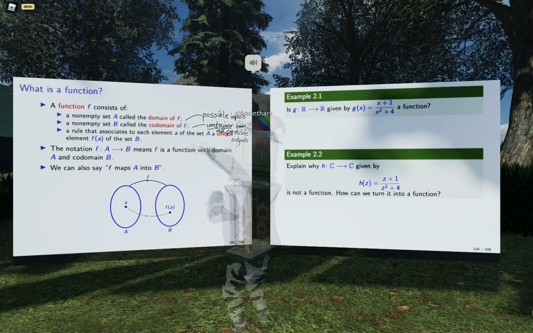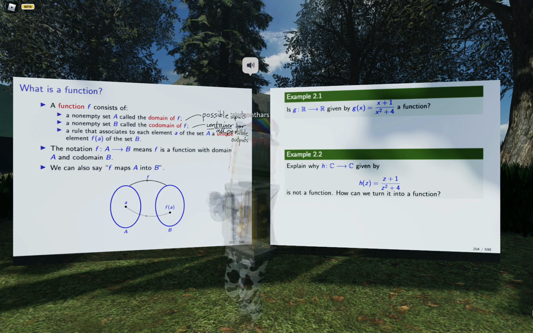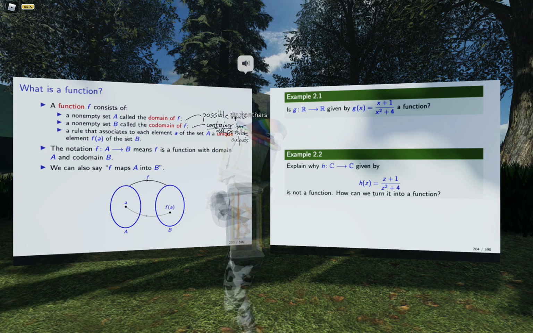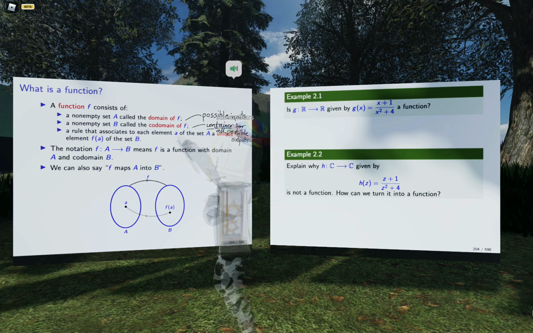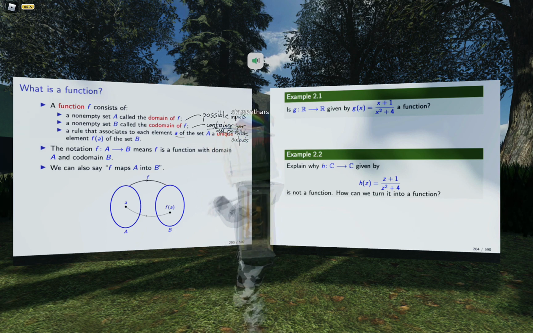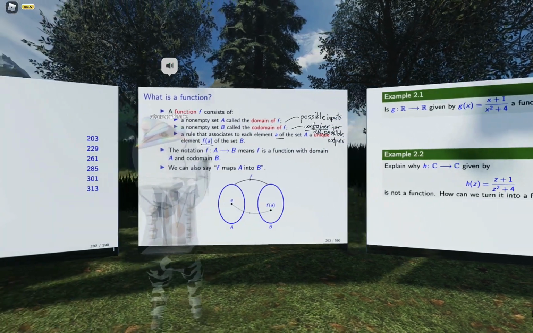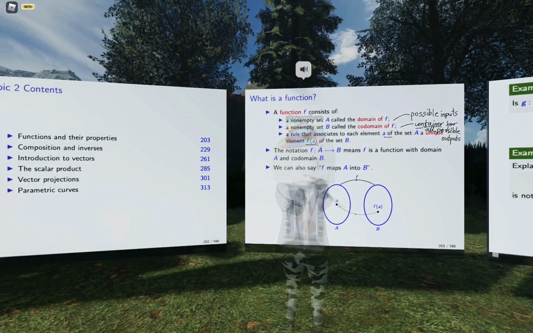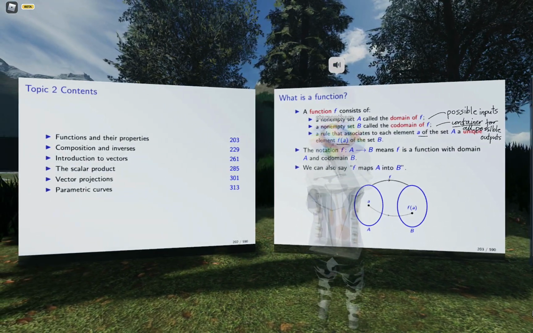But now I want to focus on the third part, which is perhaps the most familiar, the rule. As part of a function, you need to specify a way of mapping each element a of the domain to an element f of a of the codomain.